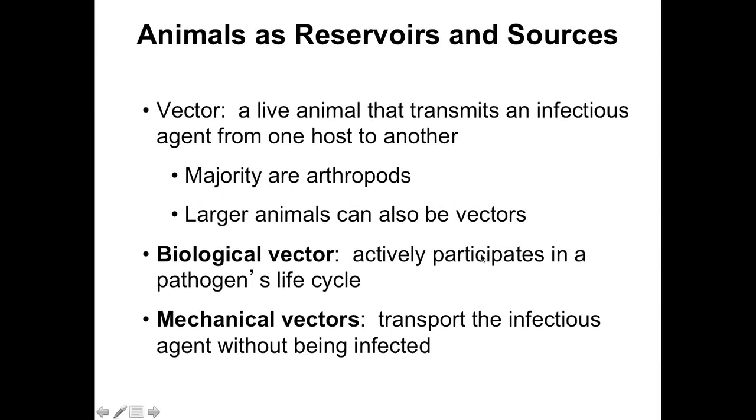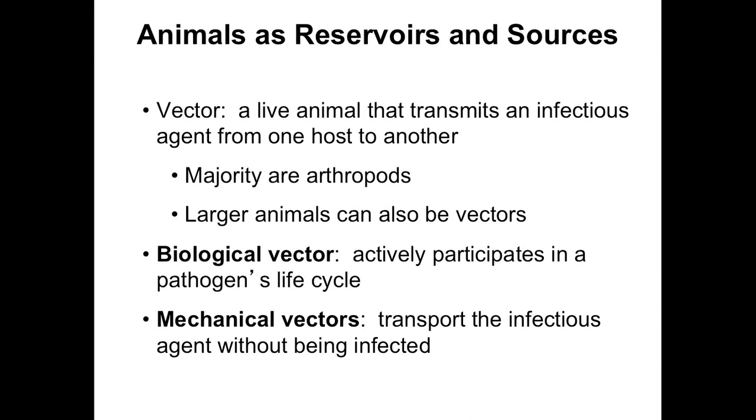And there are two different types of vectors. You have a biological vector, where part of the pathogen's life cycle is associated with the vector. So generally it's internal. Mosquitoes are a good example of this, tsetse flies, ticks. All of these have microbes that utilize the structure and the function of the tick or the ectoparasite or the mosquito and take advantage of that to transmit the organism.